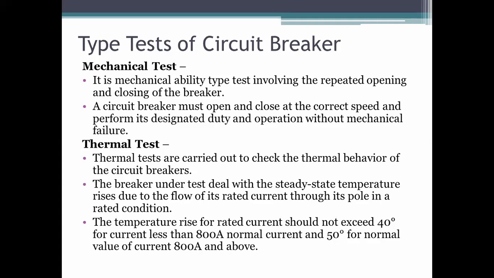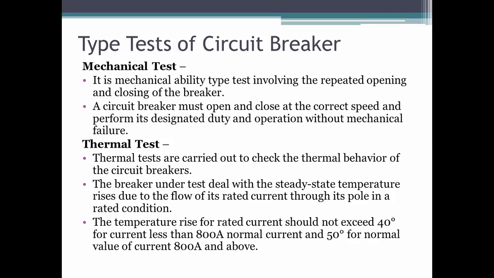Under normal operating conditions, when there is no fault, the contacts should be closed, and when a fault occurs, the contacts should open. So these contacts should open and close repeatedly, as per our requirement.